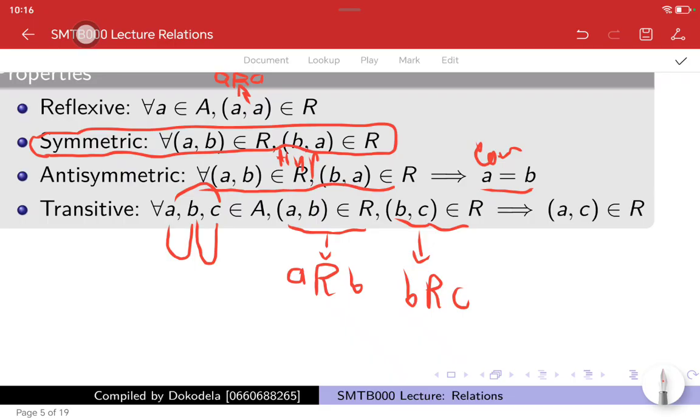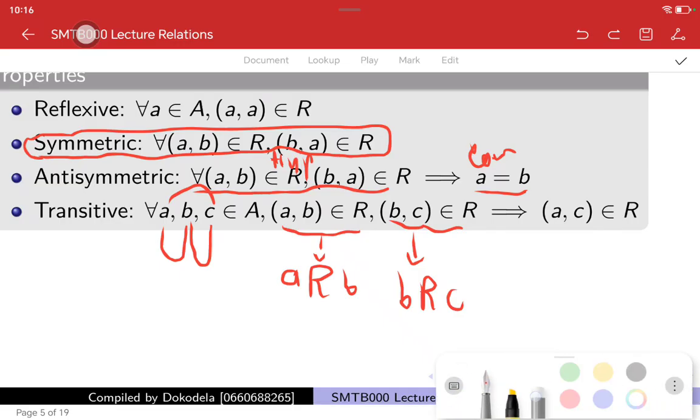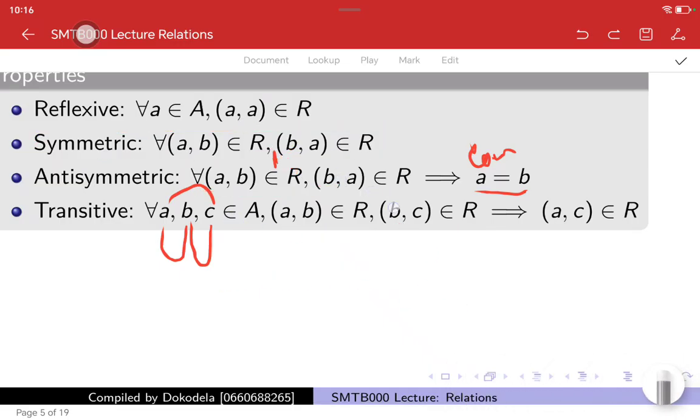So something like that. So this is what you must know. So if A is related to B and B is related to C, then it means that A must be related to C. That's by transitivity. So if we know transitivity, it's going to be simple for us to work around this.